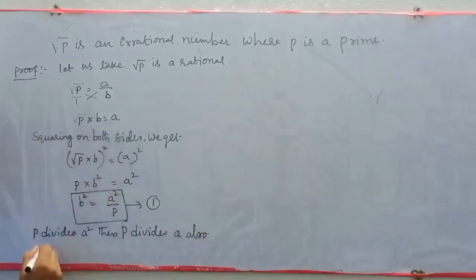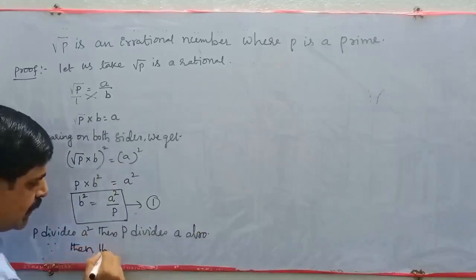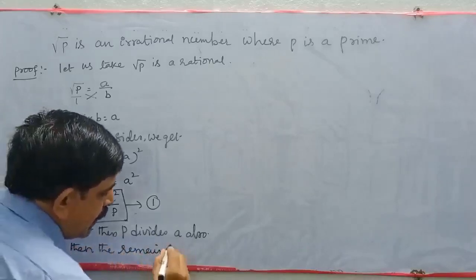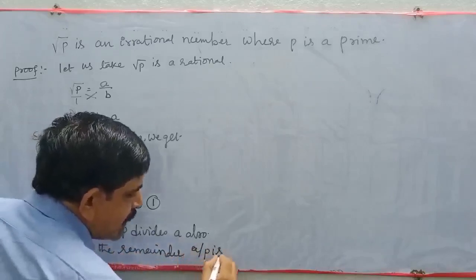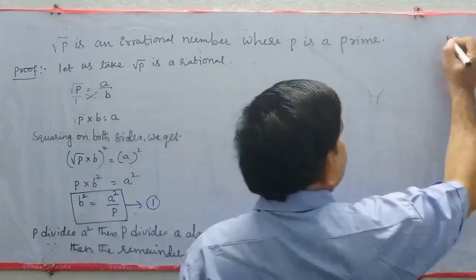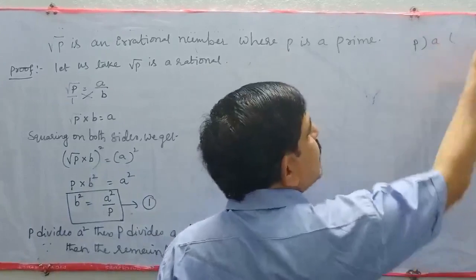Since P divides A, the remainder of A by P is 0. Now let us suppose A divided by P, then we will get some quotient.